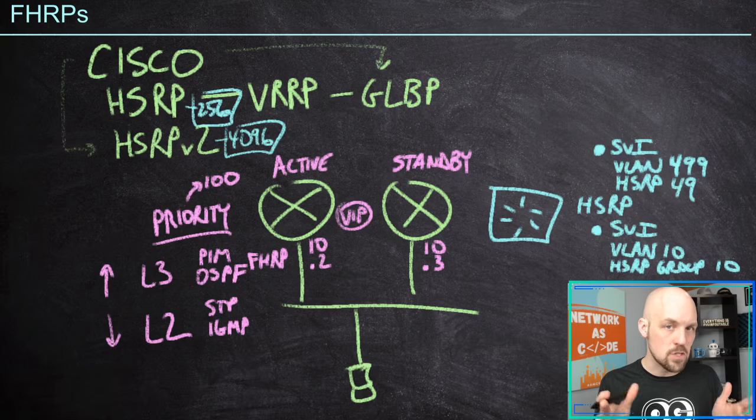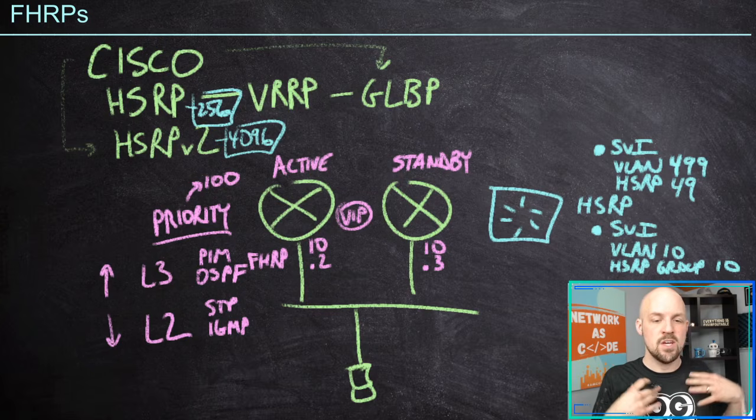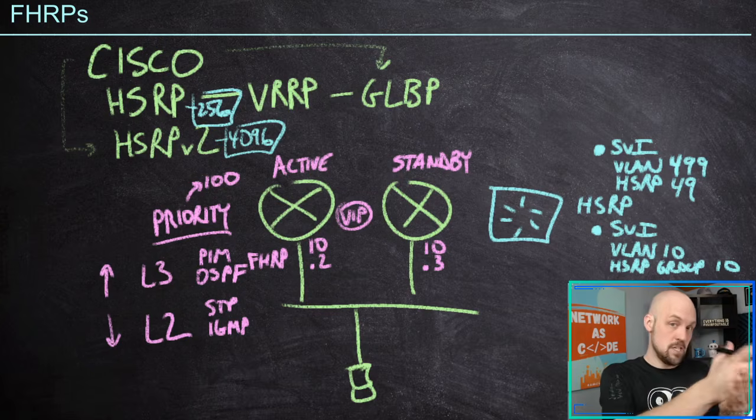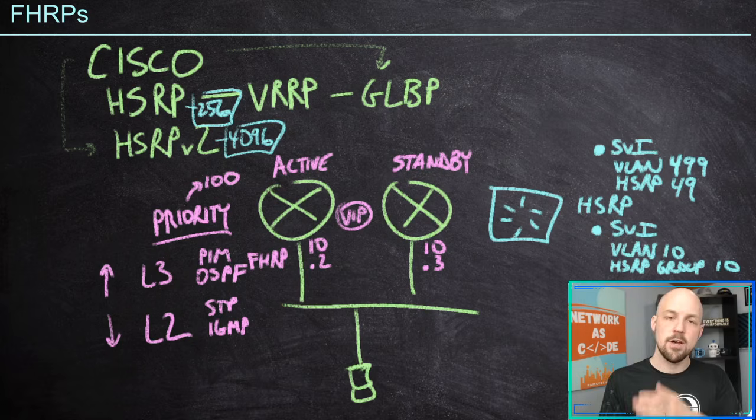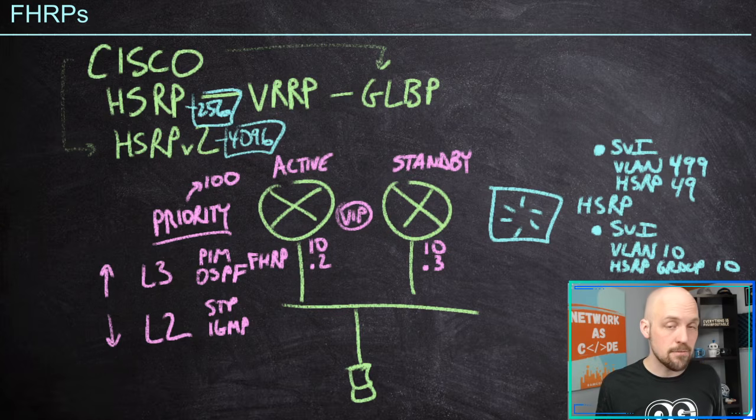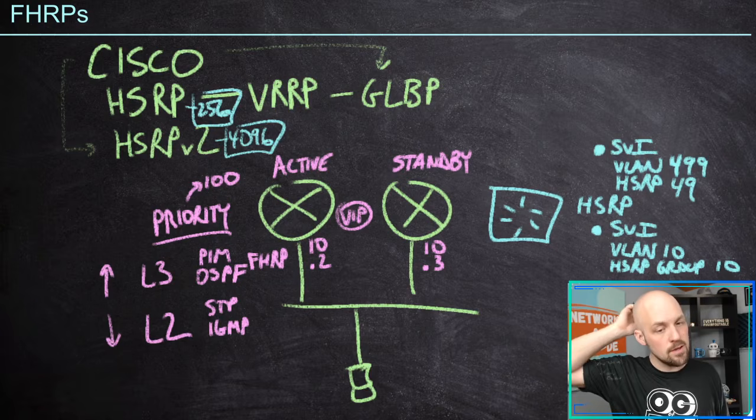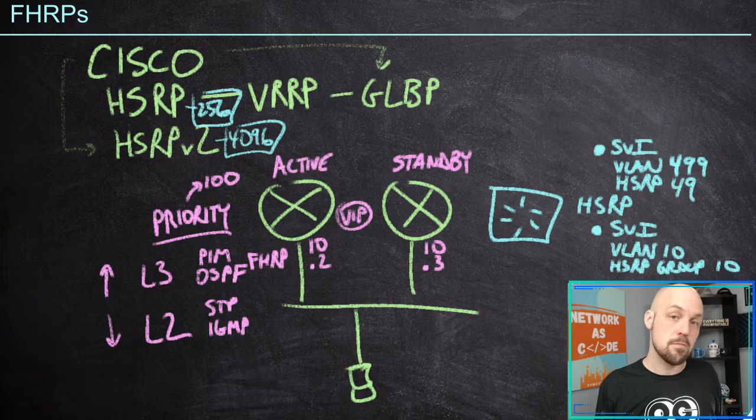We want the network as deterministic as possible. I want to know that this router is the primary or active. This router is the standby. I want to know that. Maybe it doesn't matter from a technical perspective, but we want to know where our traffic is going. Therefore, we're going to set priority in order to force the issue.